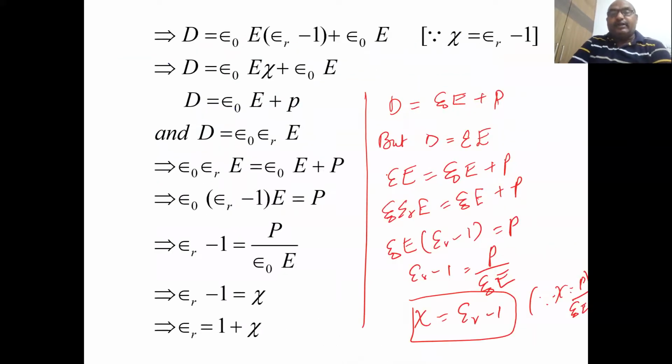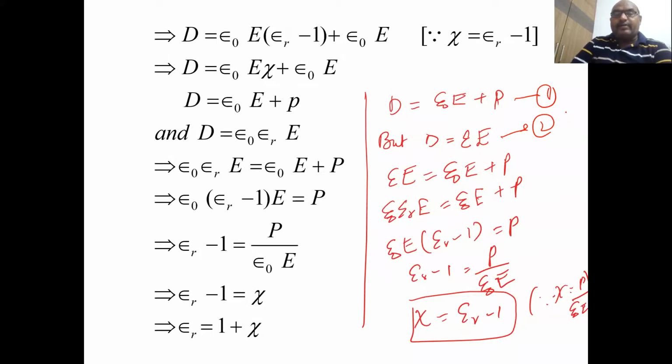From the relation D is equal to epsilon naught into E plus P, equation 1, and the electric flux D is equal to epsilon E, equation 2, both D's must be equal.